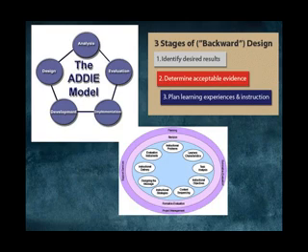A new one, relatively new, is the Kemp model that describes an approach that considers a cycle for designing instruction. Okay? And as you can see, instead of 5 elements that the ADDIE model has, or 3 elements that the backward design model has, the Kemp model has 9 elements. Okay?